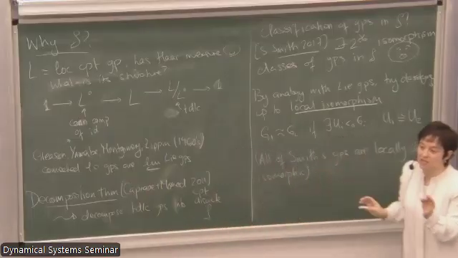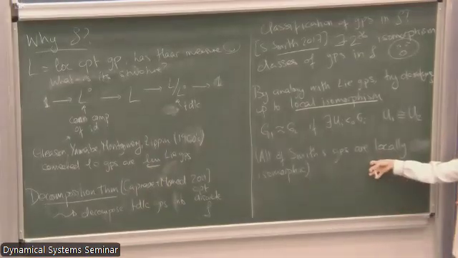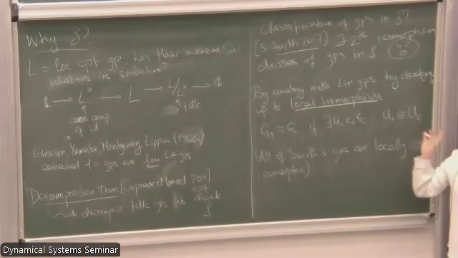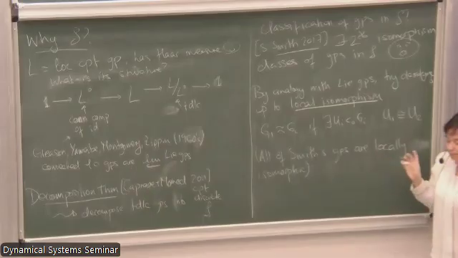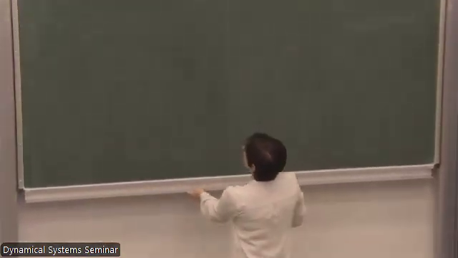But around the identity, they do the same thing. And why is this good? Because all of Smith's groups are actually locally isomorphic to each other. So it's only one local isomorphism class that's given us continuum many isomorphism classes. So that's the idea, or the hope, that we should study what happens locally.